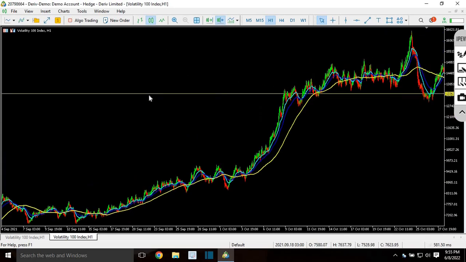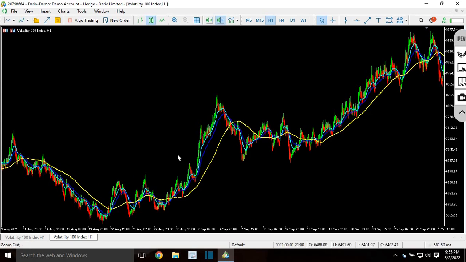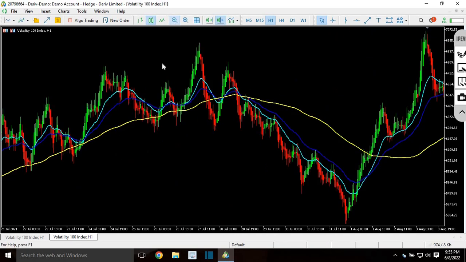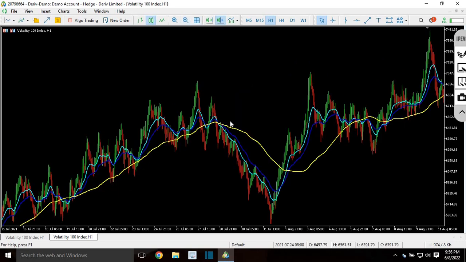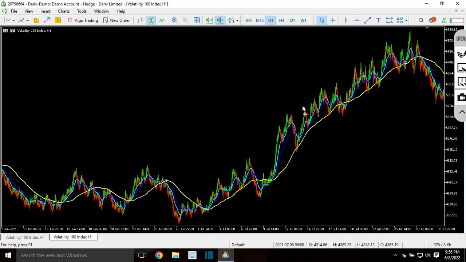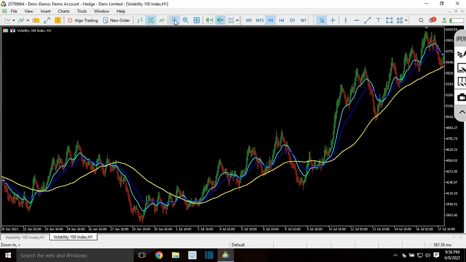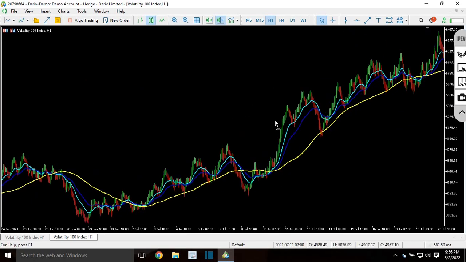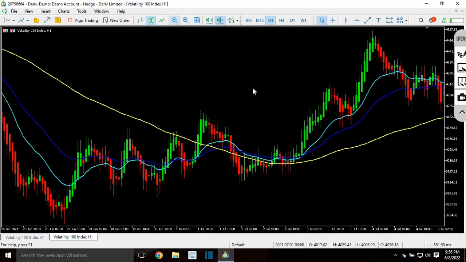Okay, so basically this is it, and using these at the same time will help you get out of trouble at the right time, and will help you to get into the market at the good time. Now, okay, so when do you buy, right? When do you buy? Okay, you only buy.